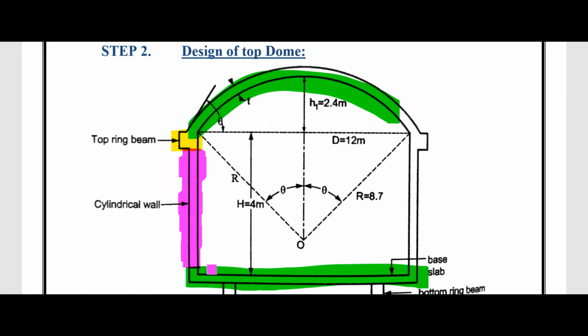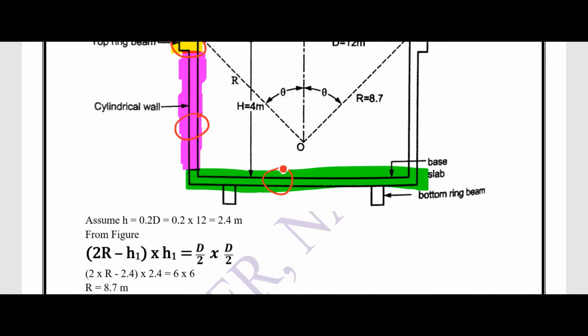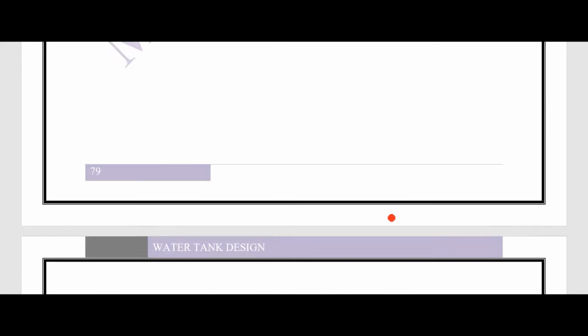So we are going to design all three components: the dome, the top ring beam and the cylindrical wall. And then after that we have a slab, and the last one is the bottom ring beam. So we fix the dimension of the bottom ring beam here.